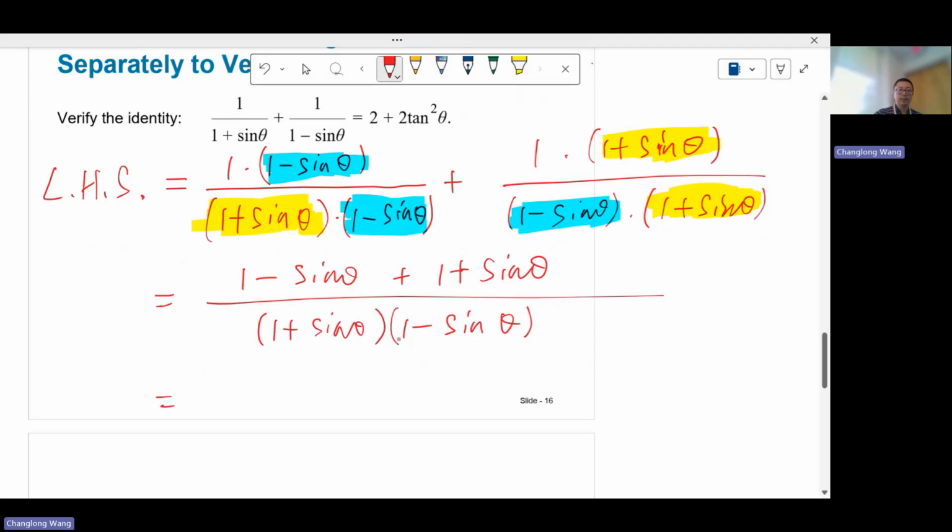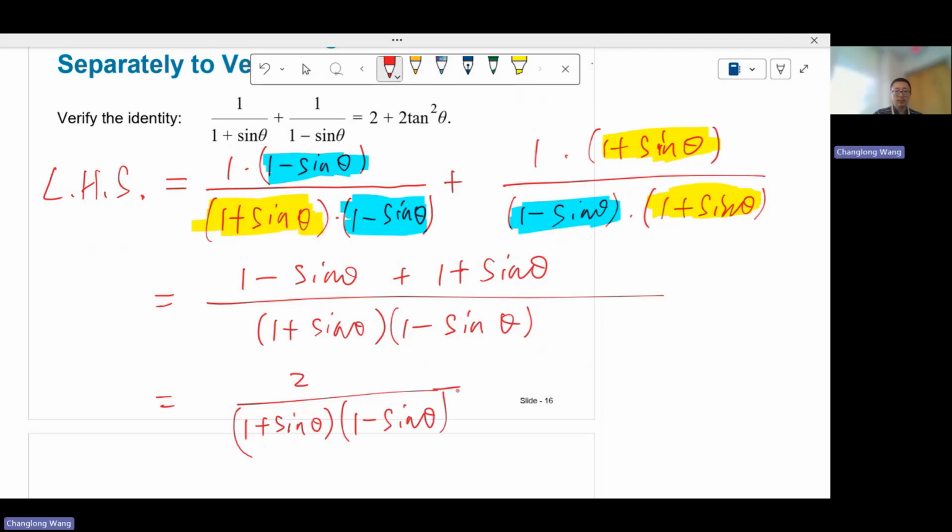And of course, you want to simplify the numerator. The negative sine and sine cancel out, so you're left with 2 over 1 plus sine theta times 1 minus sine theta.